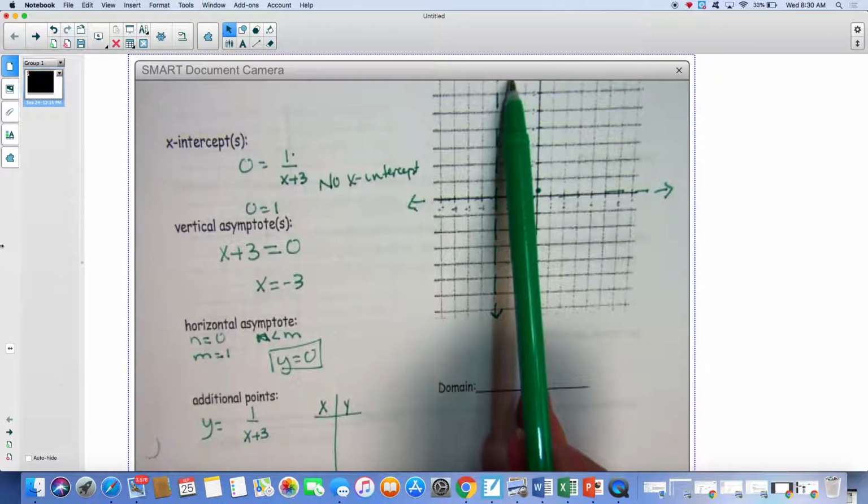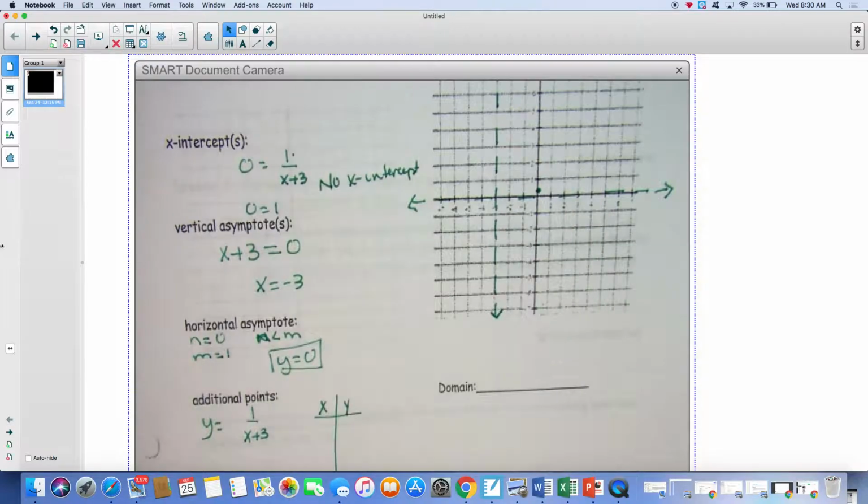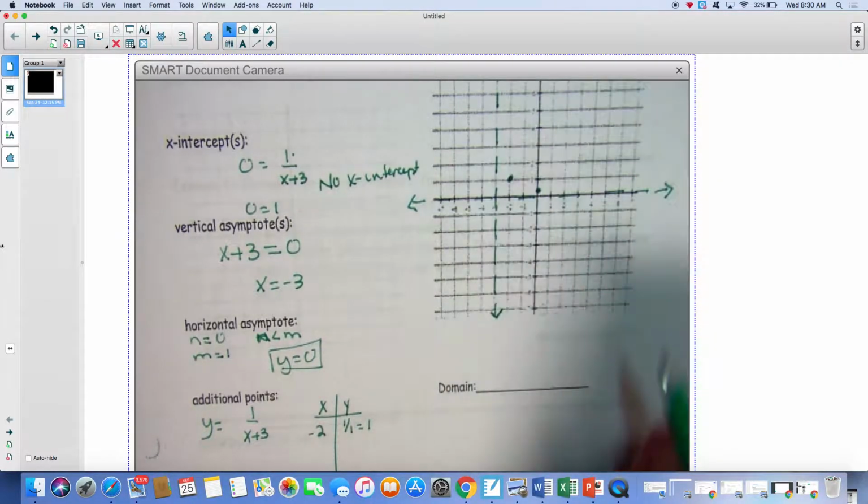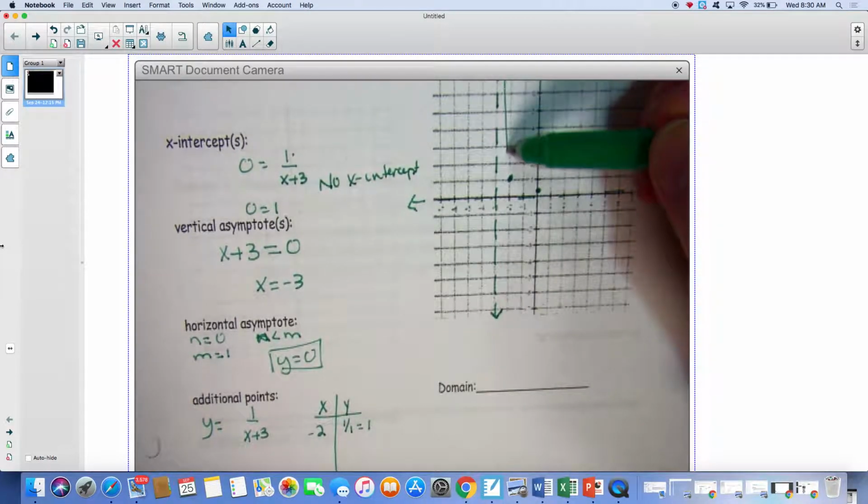Let's see how my graph is going to go. Let's pick a negative 2 for x. That's 1 over 1, which is what? So negative 2, 1. So now I've got a smooth graph.